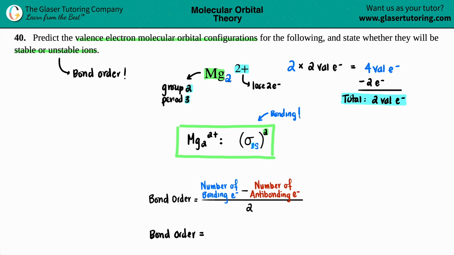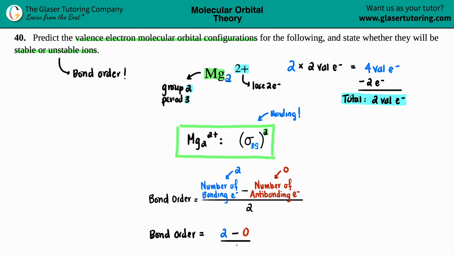And how many electrons are in the bonding molecular orbital? There's 2. So the number of bonding is 2. Number of antibonding, there is none here, right? We got rid of all those zeros, so this would be 0. So in essence, your bond order is going to be 2 minus 0, and then that's all divided by 2, right?